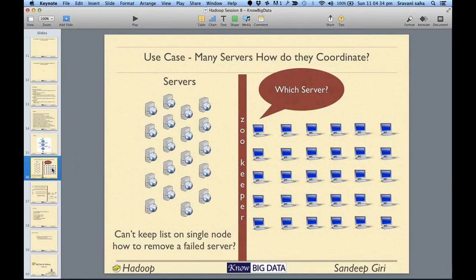Imagine that each server creates an ephemeral node on ZooKeeper, and as soon as this server goes down, the ephemeral node disappears. What does this ephemeral node have? The IP address of the server which is up, which means this particular znode will have subnodes only for the servers which are up. So if the clients just take the listing of these servers which are up, that should be good enough. Sounds good?